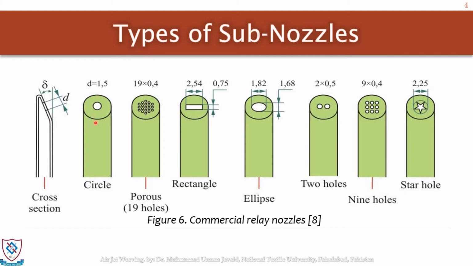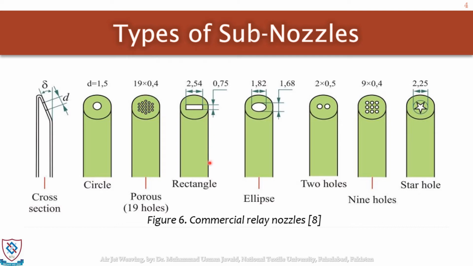For example, there are circular types with a single hole of circular shape. We can have many pores in circular shape. They can be 16, 12, 13, or 19. Many possibilities are there with various manufacturers. Even within one manufacturer, various possibilities are possible.